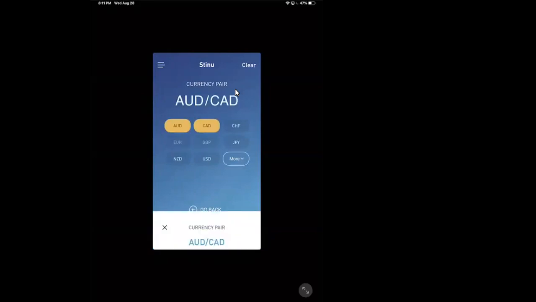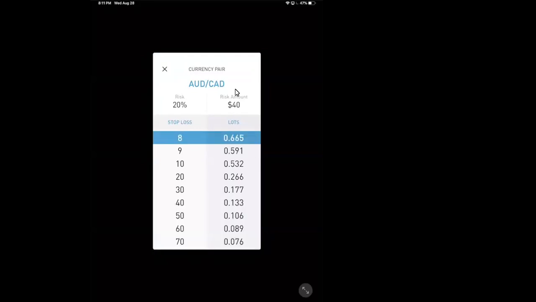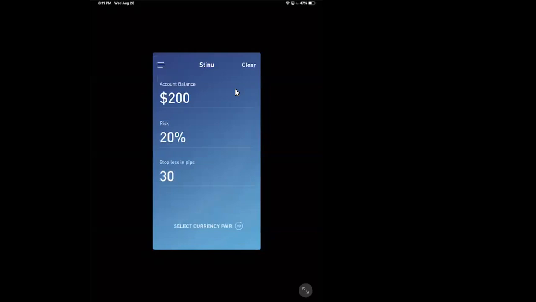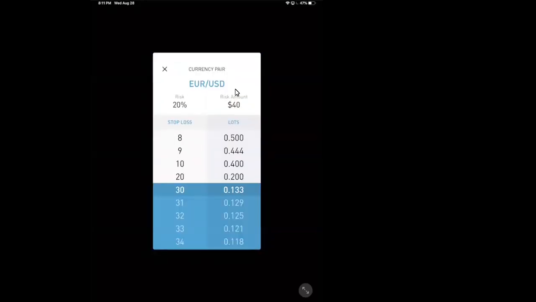So AUD/CAD, for example, my lot size would be 0.17. The reason why you guys need to know this is because if we do the same exact calculations, 30 pips, 20%, $200 account, with a EUR/USD pair, calculate, my lot size would be 0.13.